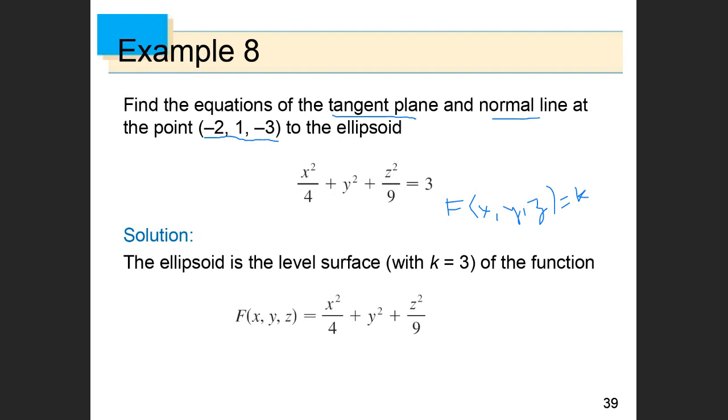If you differentiate, what do we have, guys? What are the derivatives? The derivative with respect to x is 2x over 4, so x over 2. df over dy is 2y.